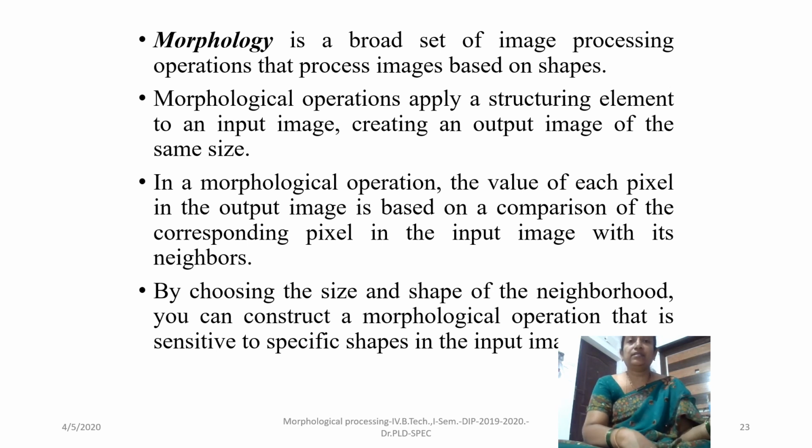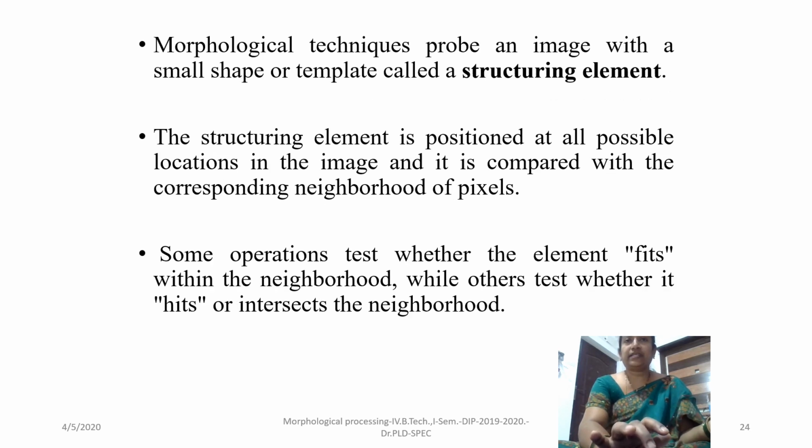By choosing the size and shape of the neighborhood, you can construct a morphological operation that is sensitive to the specific shape and size of the input image. Morphological techniques probe an image with a small shape or template called a structuring element. The structuring element is positioned at all locations in the image and compared with the corresponding neighborhood of pixels.